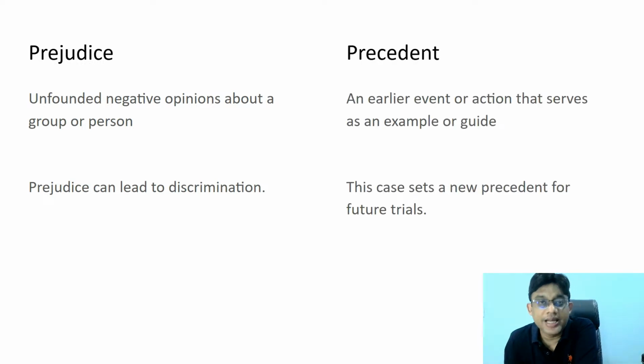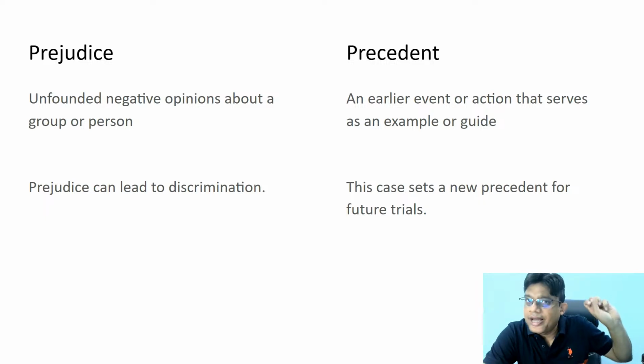Prejudice, precedent. Okay, so this is a nice word. Prejudice means a negative opinion about a group or a person, an unfounded negative opinion. Let's say I have a negative opinion about another person, that I think the person is not good.